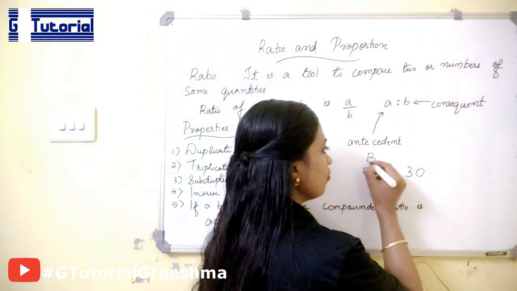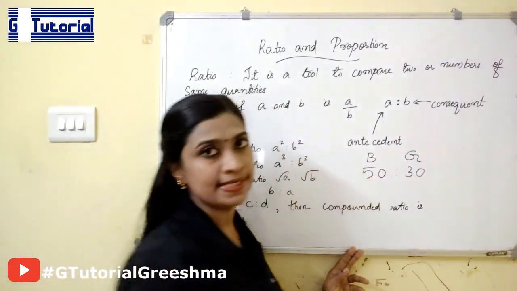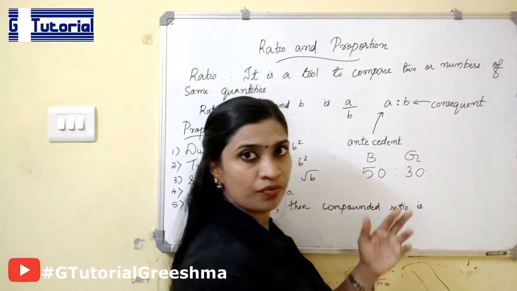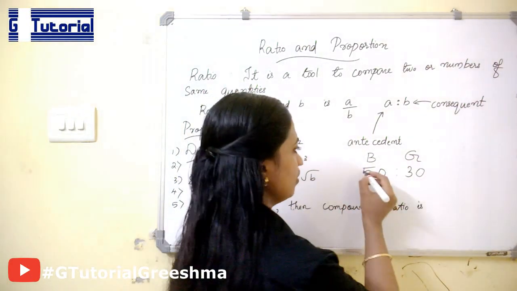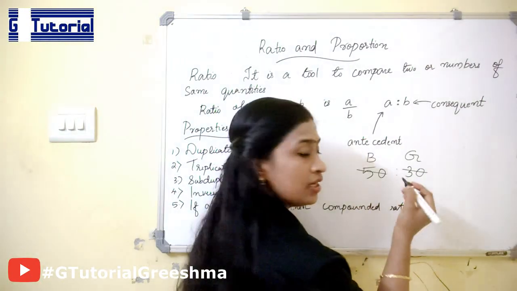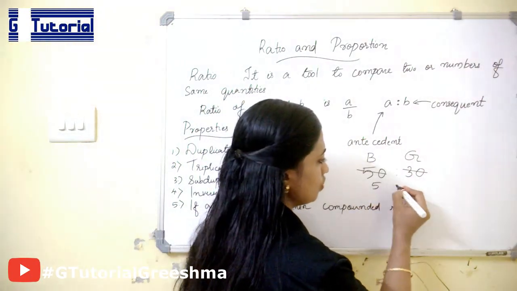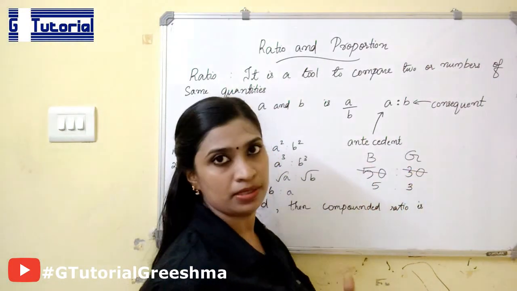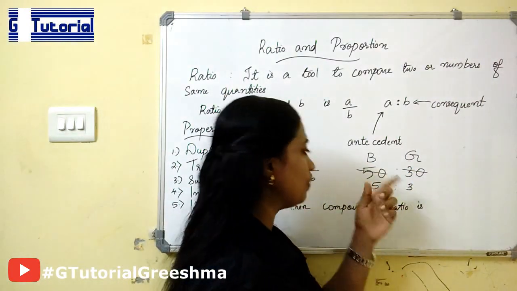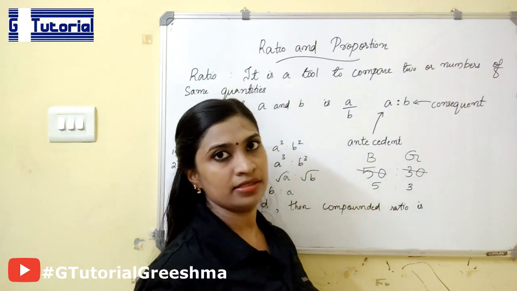So the ratio between the boys and girls in a class: 50 and 30 can be cancelled using 10. So 5:3. This is the simplest form of these two numbers. This is the ratio between boys and girls in a class.